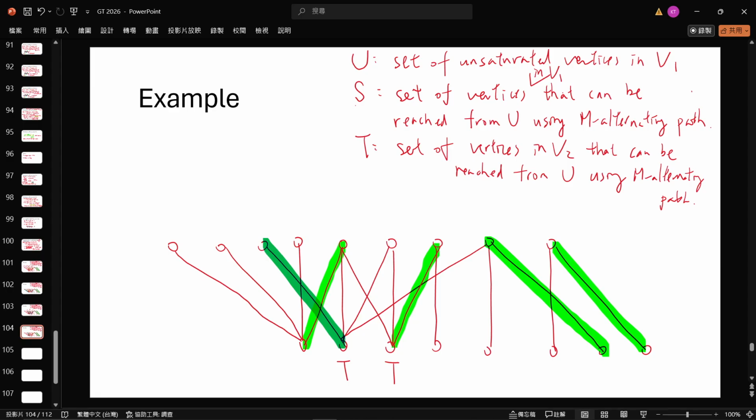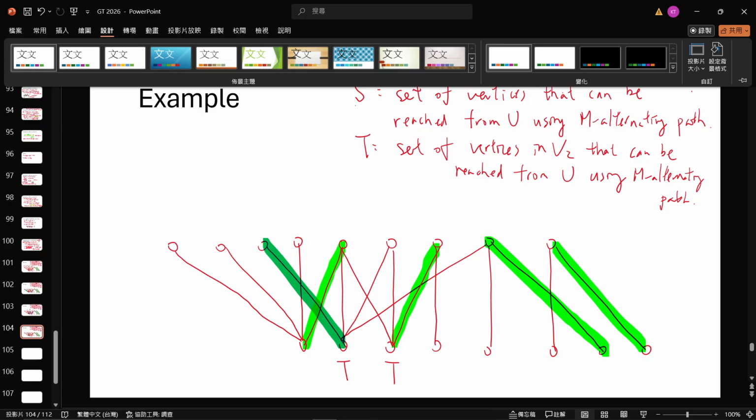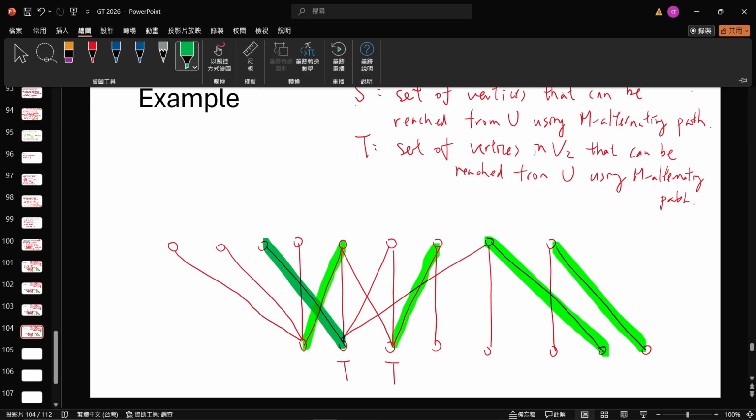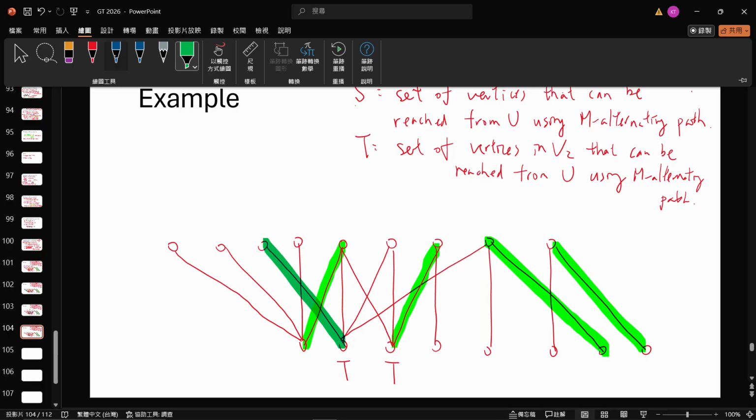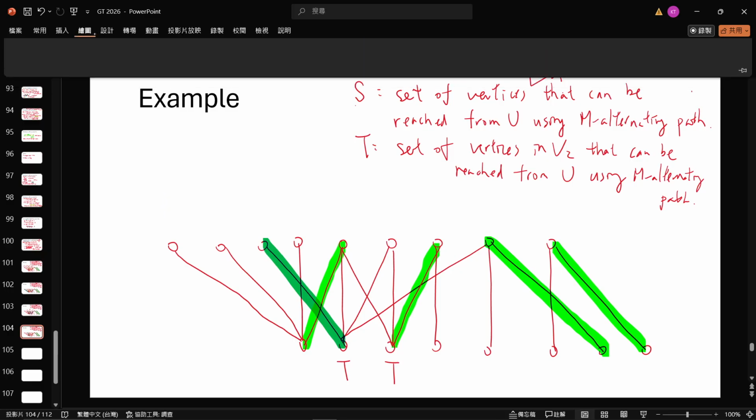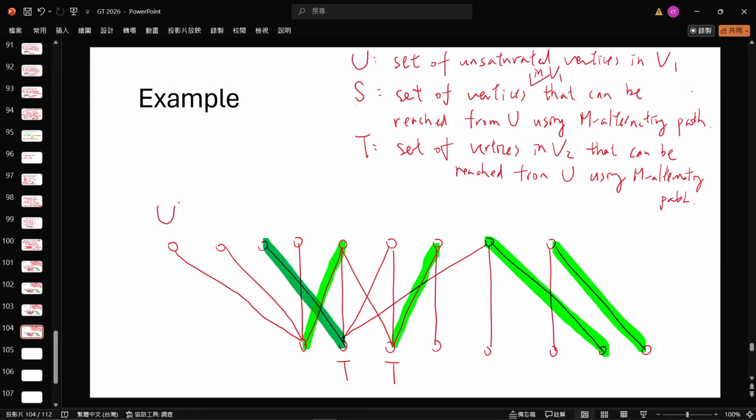All right. So I think before I write down the whole algorithm, I'm going to first apply the algorithm and show you how the algorithm works. So initially we have to find all the vertices in U. And this is simple.